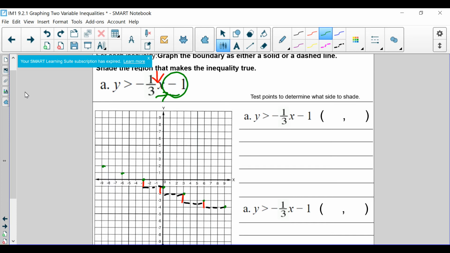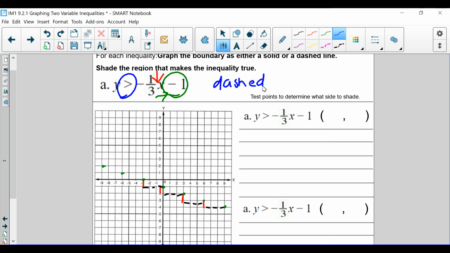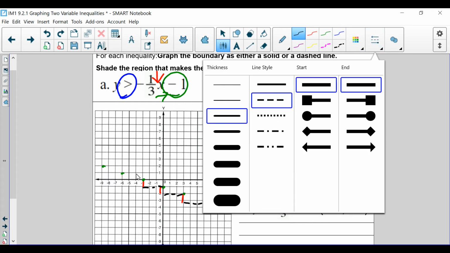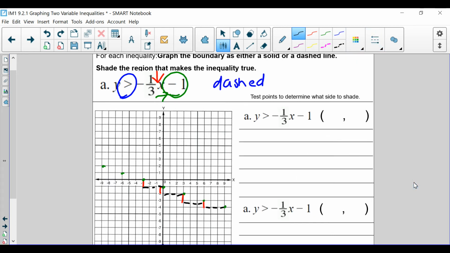Next thing I want you to notice is that with this inequality, is it dashed or solid? This one means that it's dashed, meaning the solutions are not on the line. So I'm going to use my dash tool here and connect the points using the dash tool.